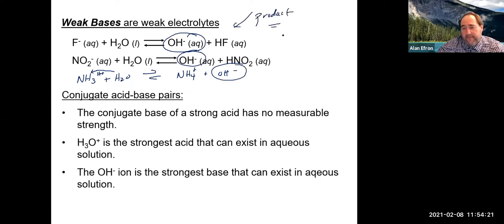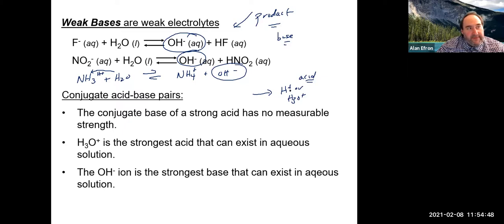That oftentimes is going to indicate more of a base situation, as opposed to if you look back at the acids. On the acid, we do see on the product side H plus or H3O plus, more of an acid situation occurring in those cases. Sometimes people, and we'll talk about this in this chapter a little more, always wonder: am I dealing with an acid or a base?